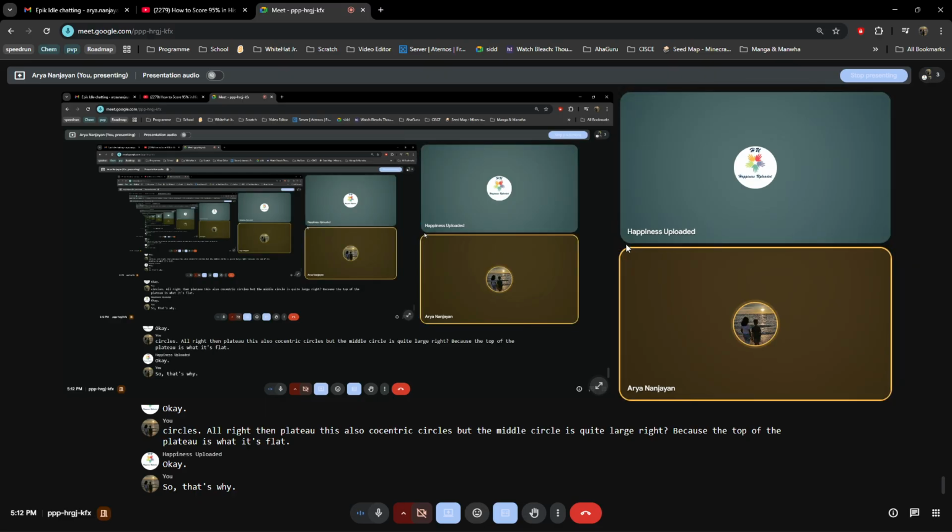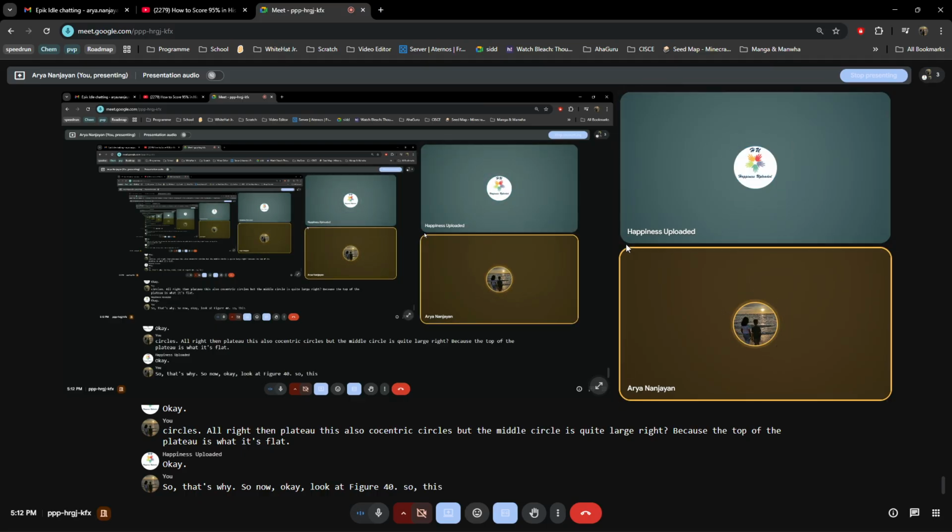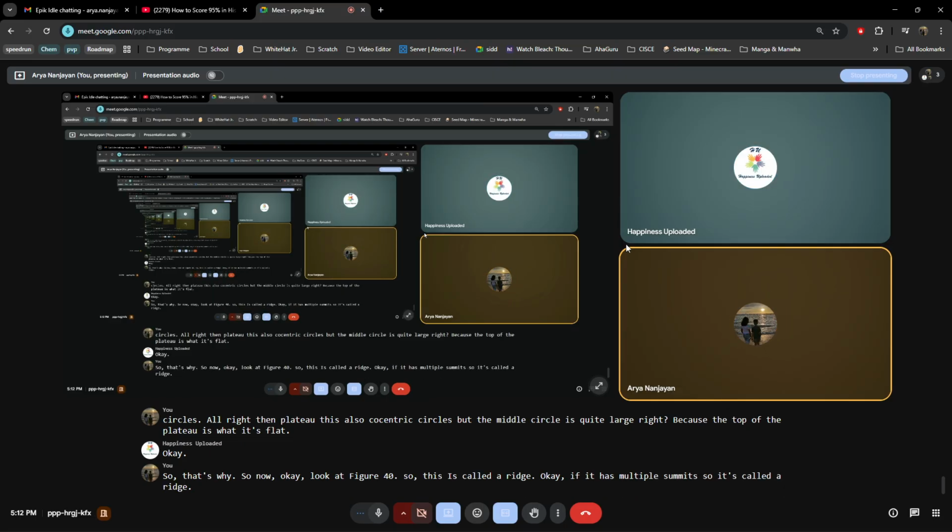Now look at figure 40. This is called a ridge. If it has multiple summits, it's called a ridge.